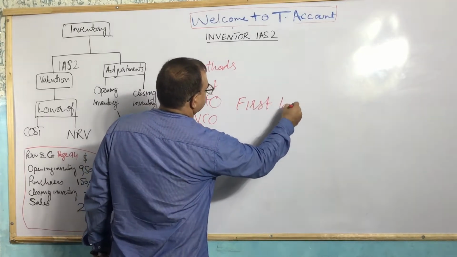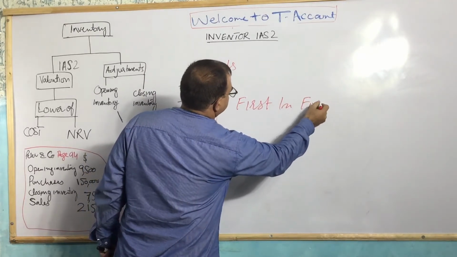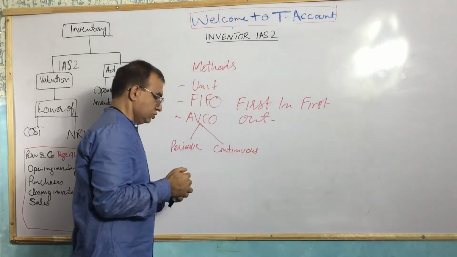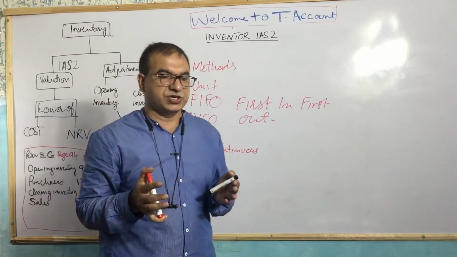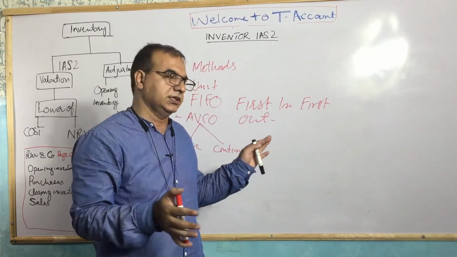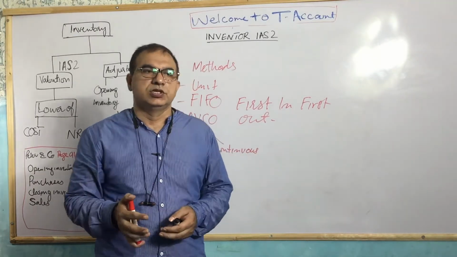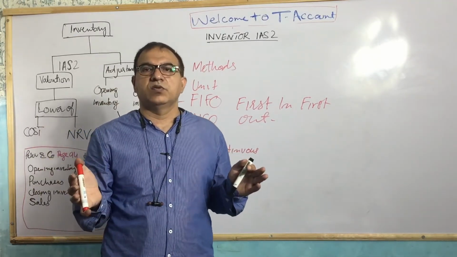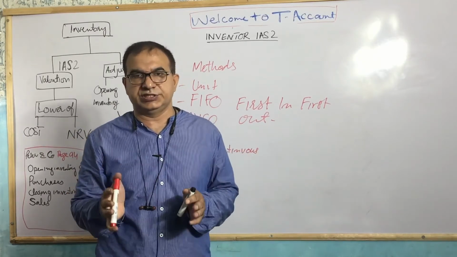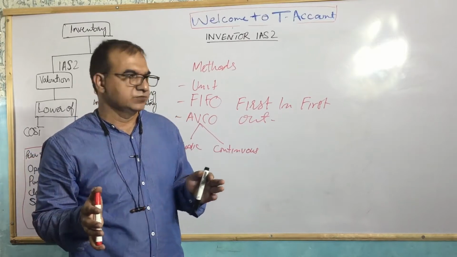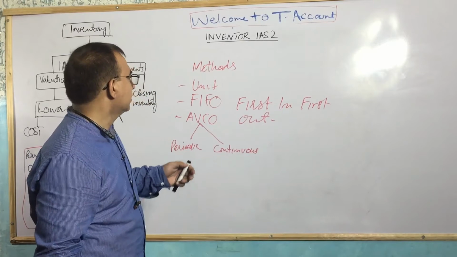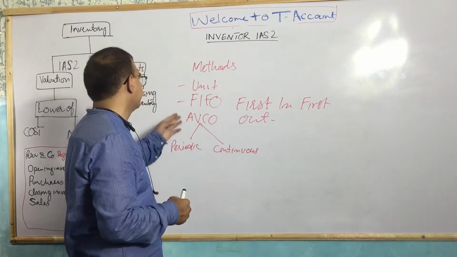First in, first out. Inventories bought first will be used or sold first. That is the assumption. At the year end, whatever you have is from the most recent purchases, acquisitions. That is the assumption in this FIFO method. So we'll do that through an example.